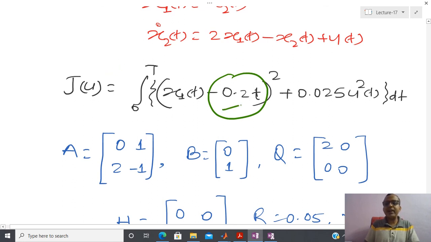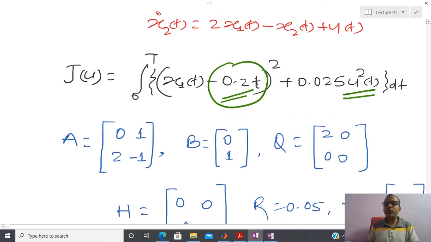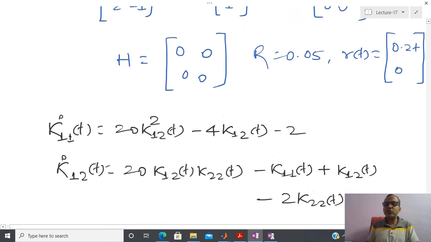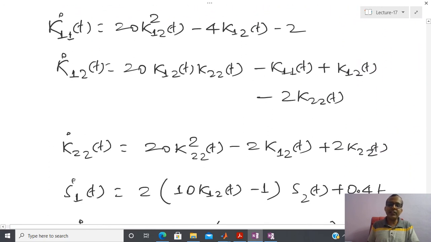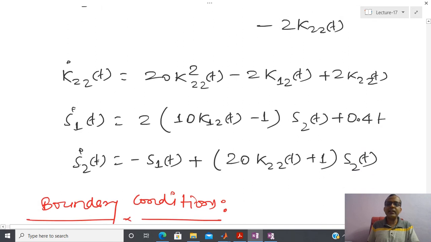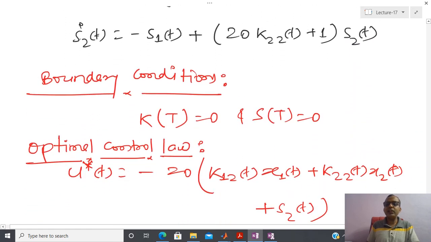Now you can see that my desired tracking output is 0.2t, that kind of thing, and I have to define the optimal control. Again you can go in the same way, solve the Riccati equation, and by solving it you are able to define the optimal control by incorporating the boundary condition, because whenever you are solving the equation, at that time you need the boundary condition.